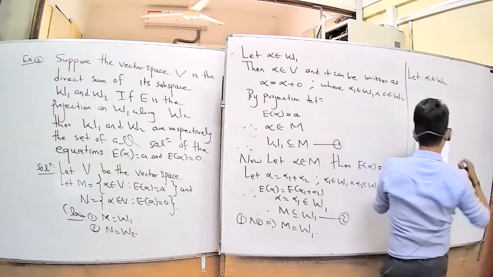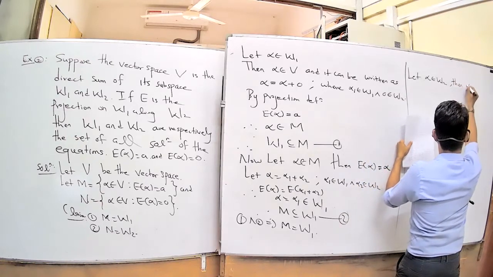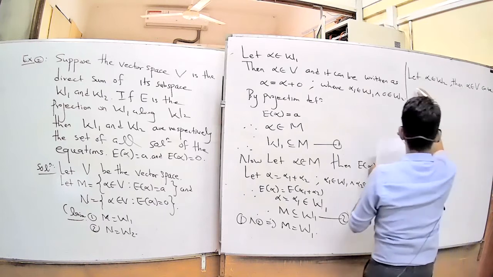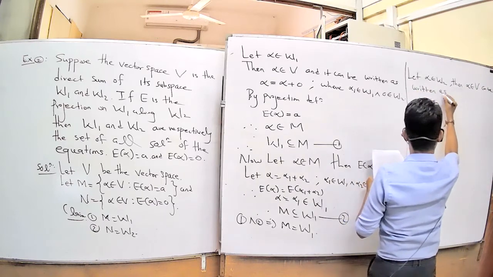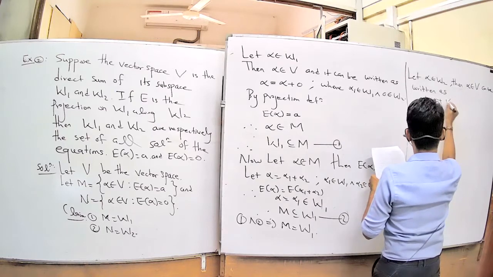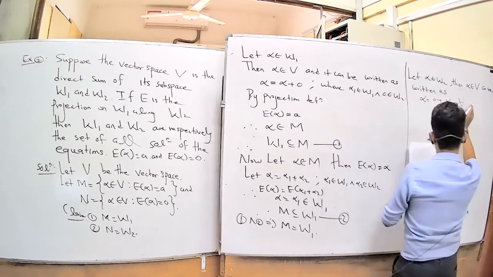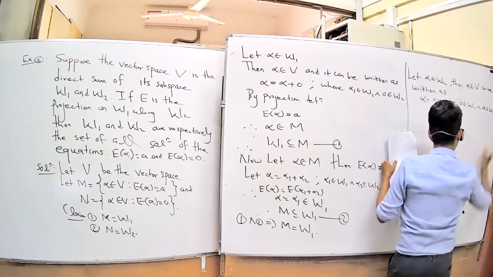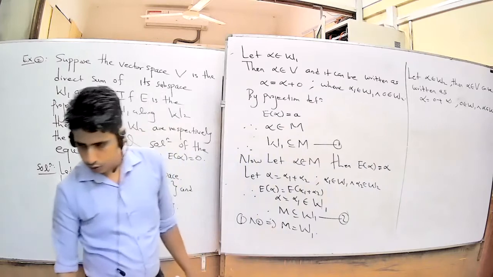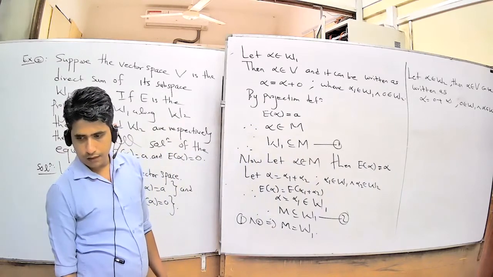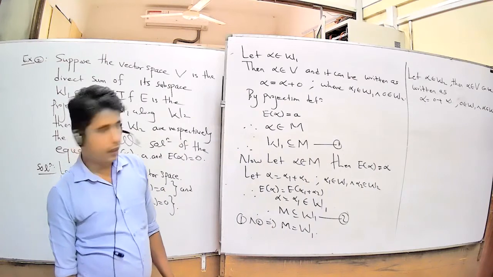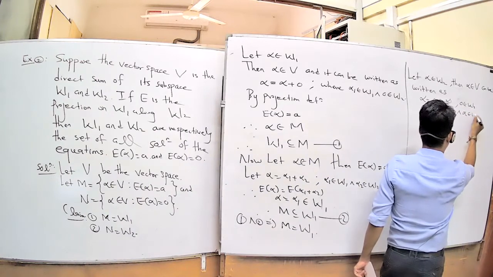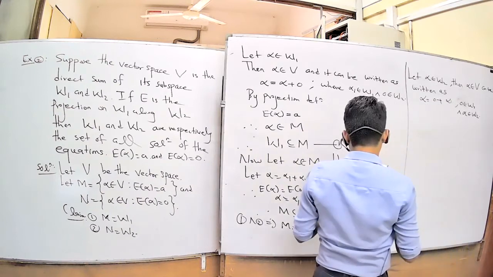Then alpha belongs to V, and it can be written as alpha equals 0 plus alpha, where 0 belongs to W1 and alpha belongs to W2.